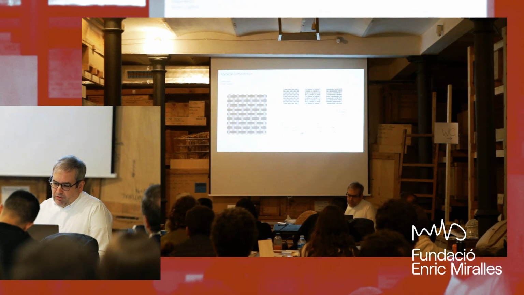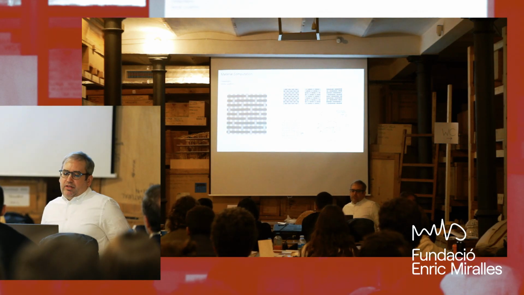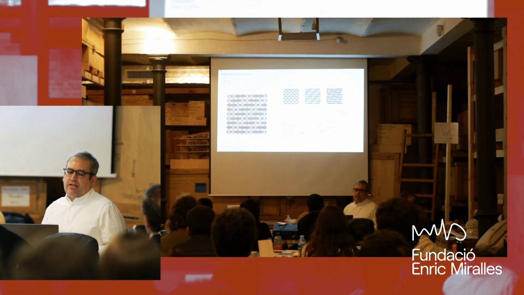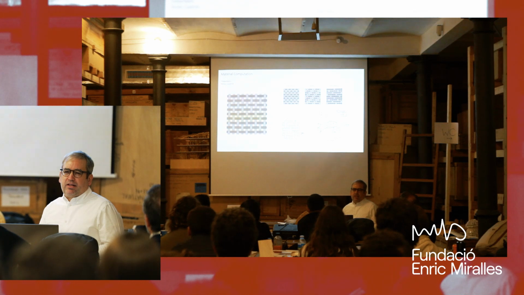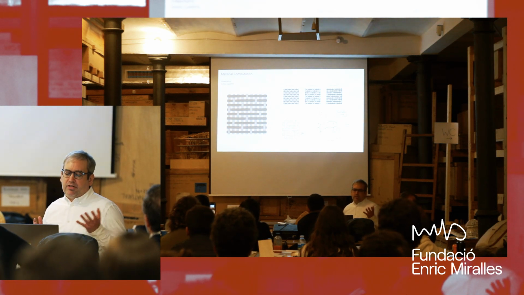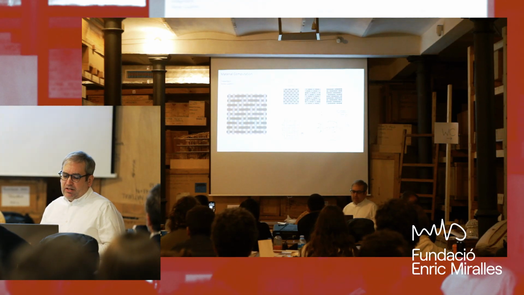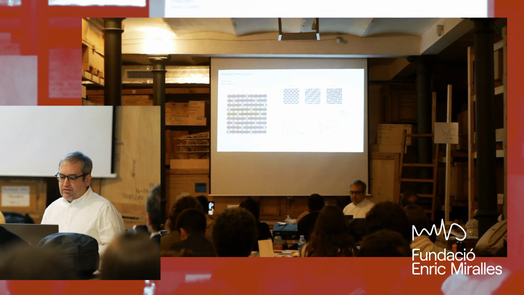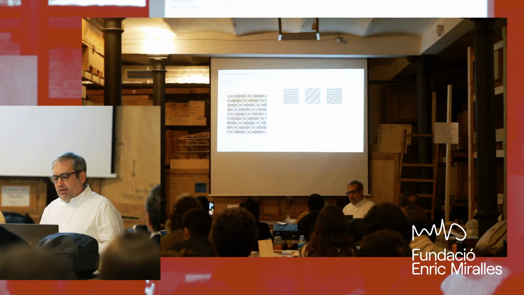Maybe one more thing that was relevant for me about textiles is that textile structures also have properties that could be relevant for buildings. This is especially the case in woven structures, as we can see here.